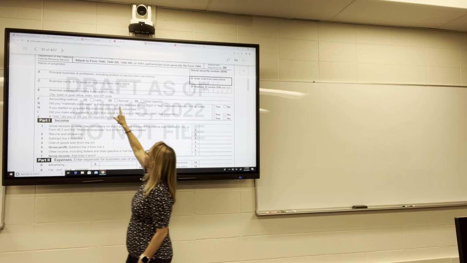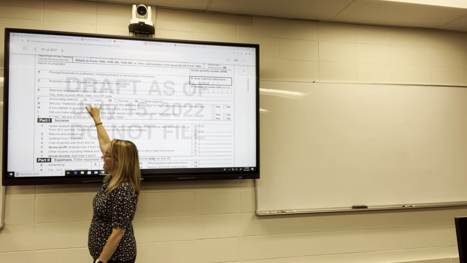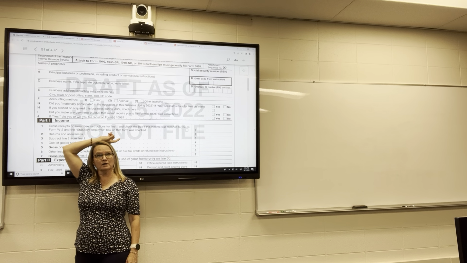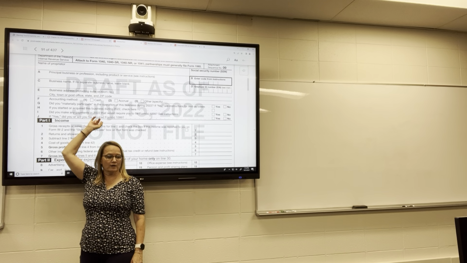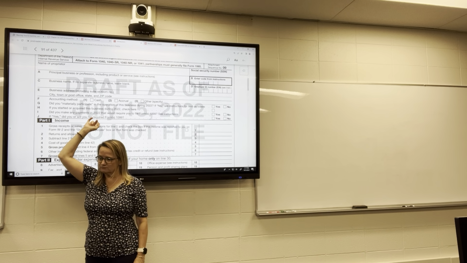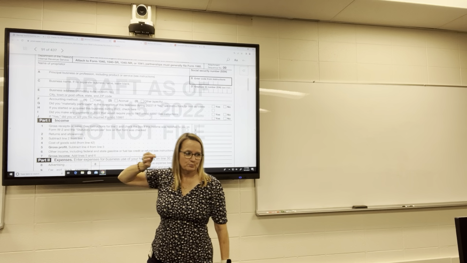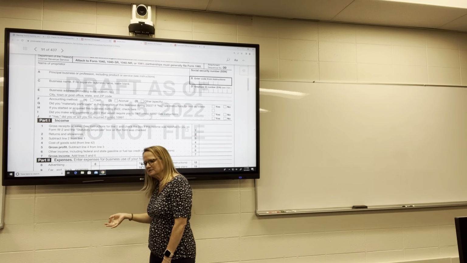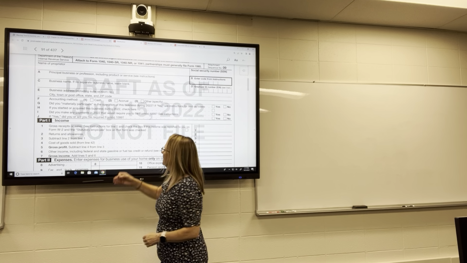Accounting method, cash, accrual, or other. For the most part, we're going to talk about cash accounting. There are certain instances where accrual accounting would be used for a sole proprietorship. They're for very large sole proprietorships. Most of those businesses, if they're that big, they're going to be organized in a different way, most likely.